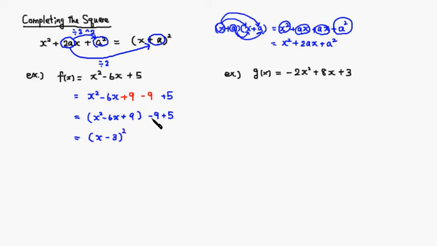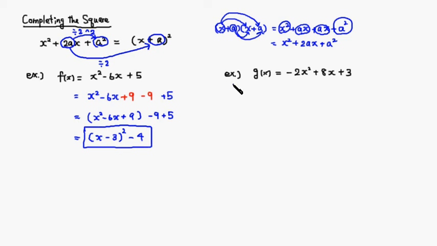Then you can combine -9 and +5, so that's going to be -4. So you can see that the same quadratic function is now written in vertex form. This is how we use completing the square to rewrite a quadratic function in vertex form.